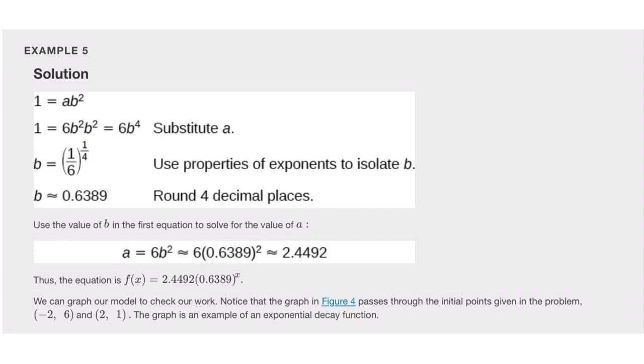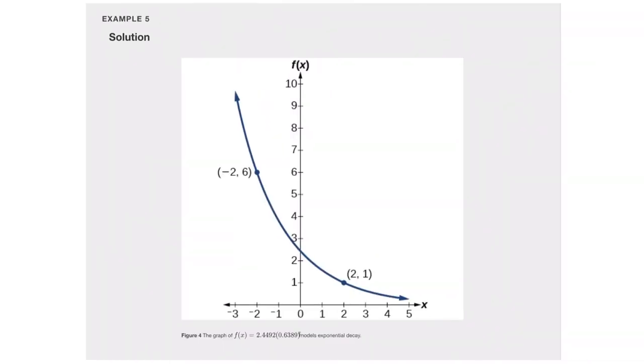Oh, it looks like they rounded. The reason the numbers are a little bit different is because we're rounding at different places. They got that 6b squared, and so they plugged in that 0.6389. I think I plugged in an exact result. That's why the numbers are a little bit different, but it's fine. It's close enough. And here's a pictorial representation.